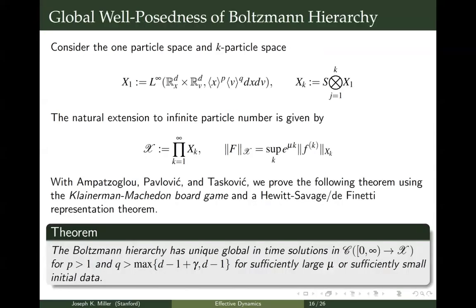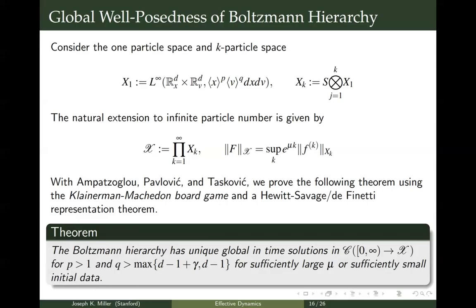Using this idea, there's a way to rigorously describe how to combine these things together, and it's called the Klainerman-Machedon board game argument. If you notice that you have this type of symmetry with respect to particle label and times, if I flip times, then you can set it up so that I can rearrange my sum before I do a triangle inequality. If I rearrange it correctly, I can show global well-posedness of this big infinite set of coupled equations.